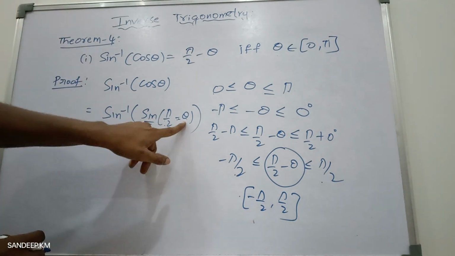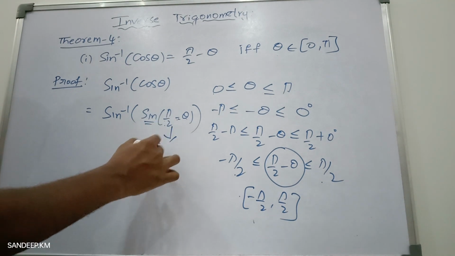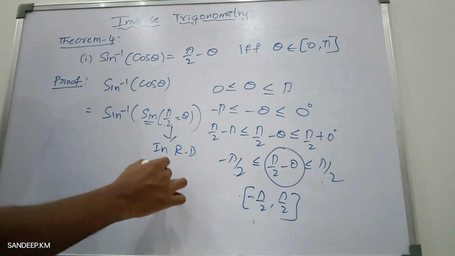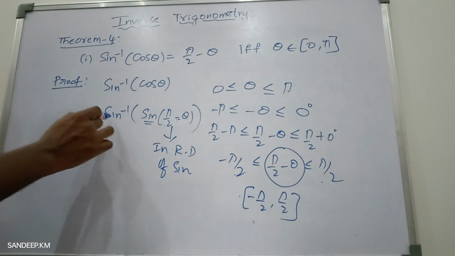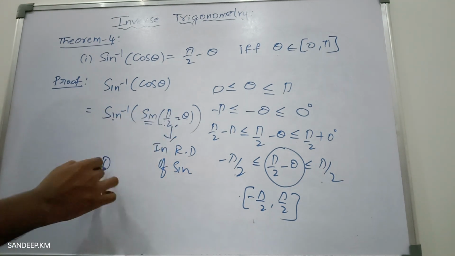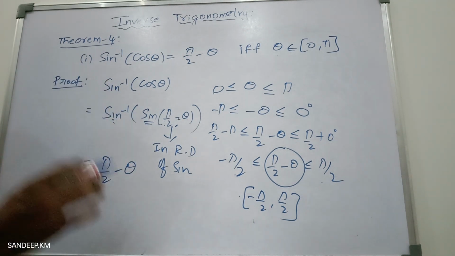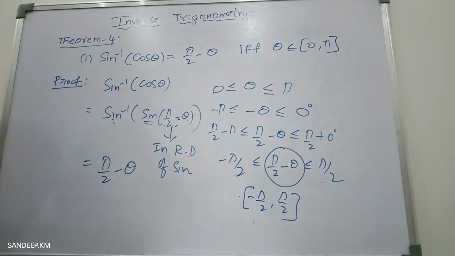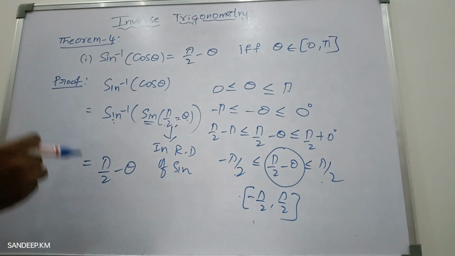So 90 minus theta is in the restricted domain of sin function. And according to theorem 1, sin inverse and sin will get ignored. Then what is the answer? Pi by 2 minus theta. These two got ignored only because 90 minus theta is present in the restricted domain of sine function. Similarly, you can prove any other thing using the same concept.